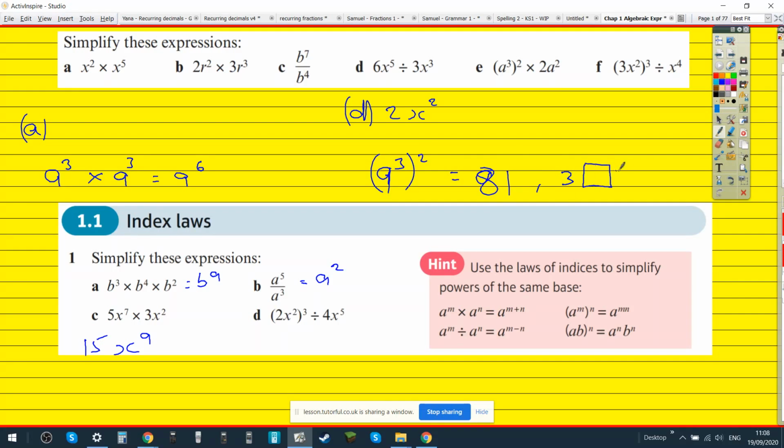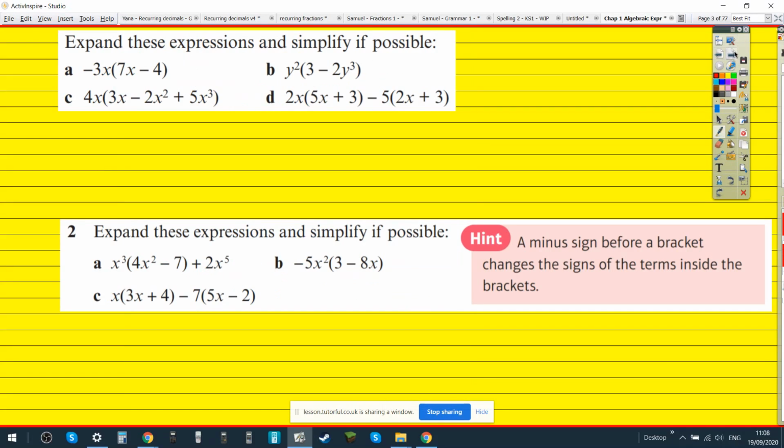Well, no, wait. So what's the quick way of combining 3 and 2 to get 6? Times. Yes. So if the indices are being multiplied, add the powers; divided, subtract the powers; and then power to a power, you multiply. Okay. That's all right. If we need to, we can come back to it.